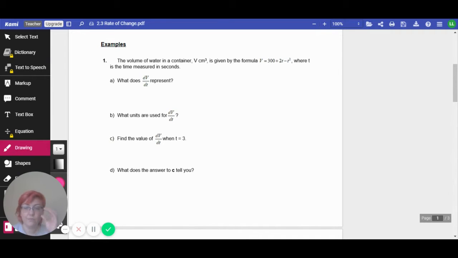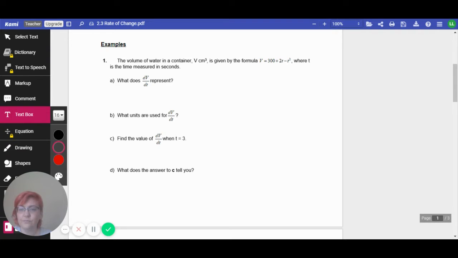Example 1. The volume of water in a container, V centimeters cubed, is given by the formula V equals 300 plus 2t minus t squared, where t is the time measured in seconds. So what does the derivative, dV over dt, represent?